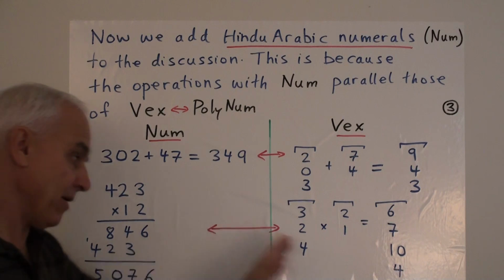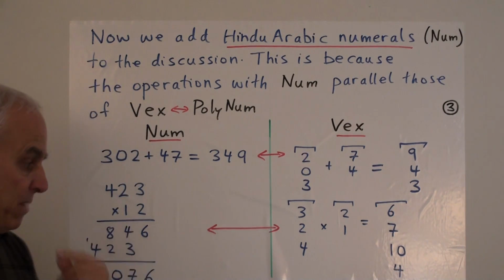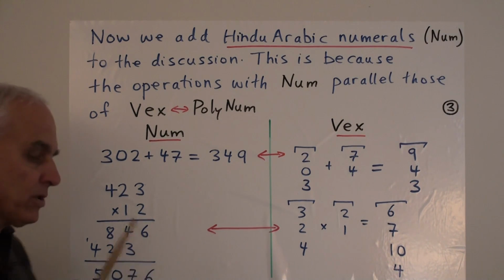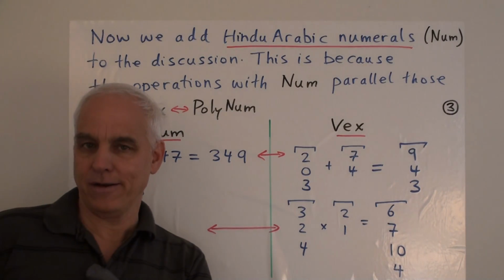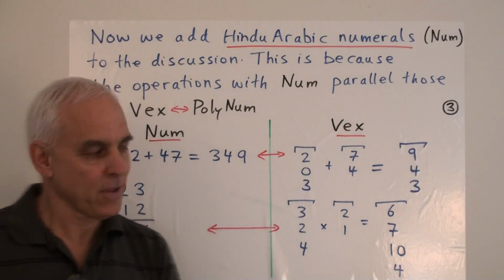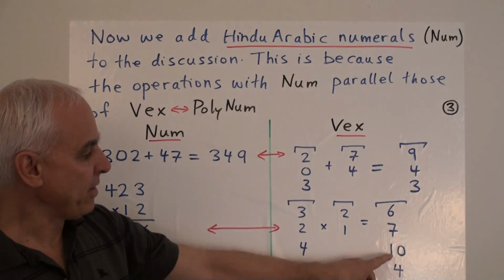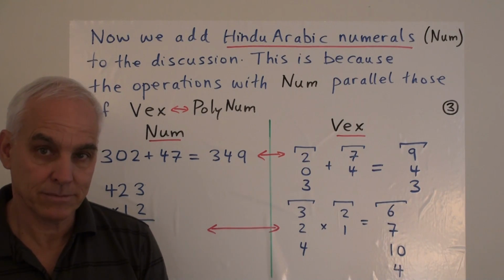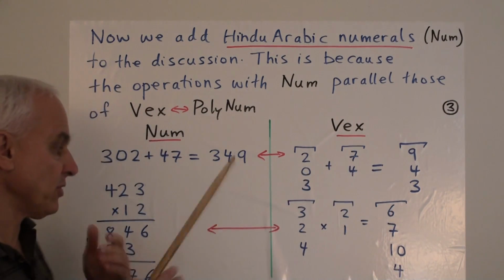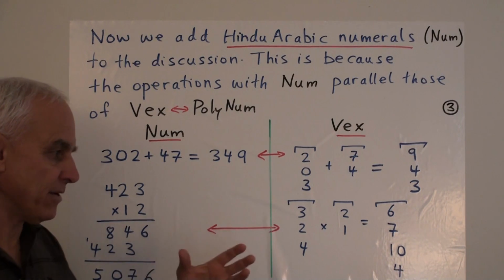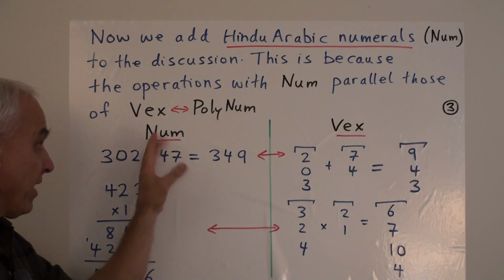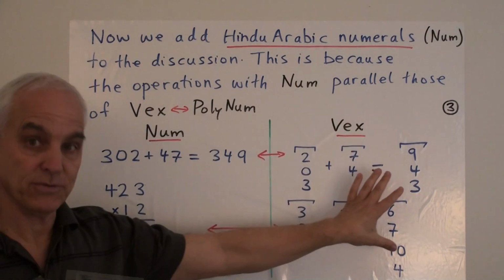So there is a parallel, of course, but there's also a big difference having to do with the carrying aspect, which is related to the fact that each one of these positions only supports the digits from 0 to 9, and nothing bigger than that. While over here, we're quite happy to have numbers which are bigger than 10 in any spot. All right, so there's a parallel, but there's also differences, and we want to understand the relationship between these two things, and ultimately we're going to define this world in terms of this world.